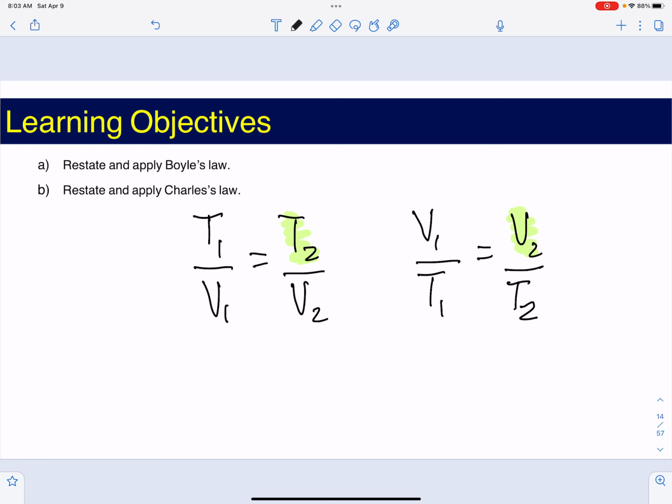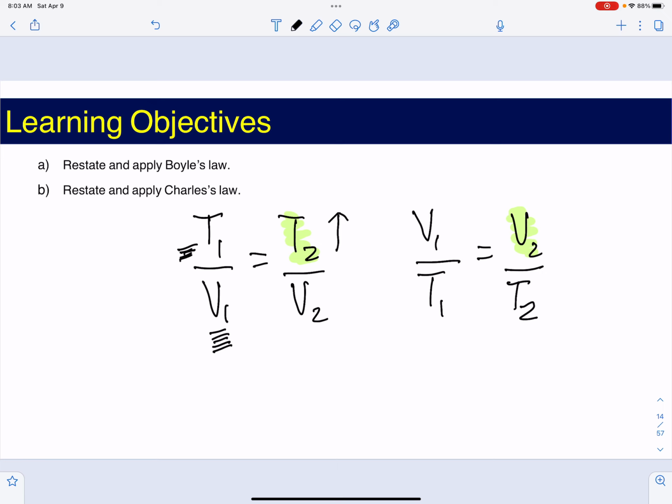And this law tells us that if I have a certain volume at a certain temperature, and I increase the temperature, according to the kinetic molecular theory of gases, assuming this is an expandable container like a piston or a balloon, the particles are going to move faster, which means they're going to hit the walls of the container harder, which means they're going to push it out.